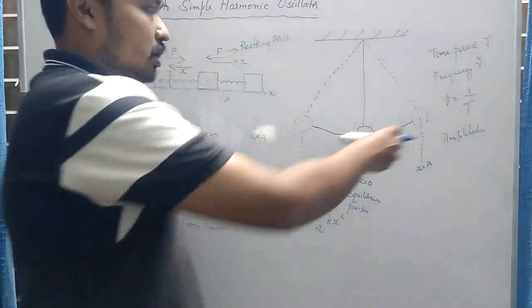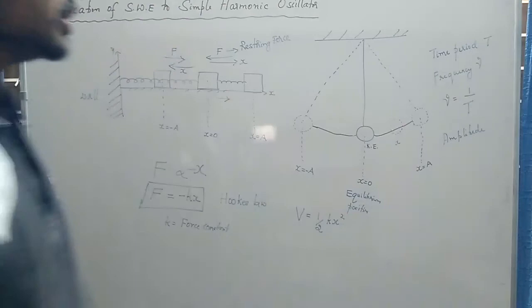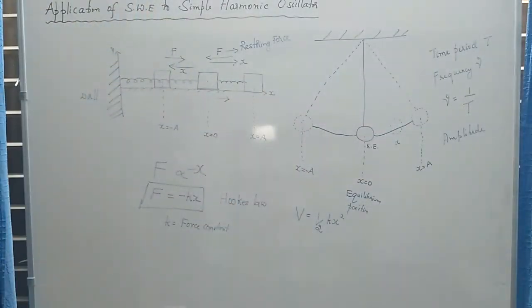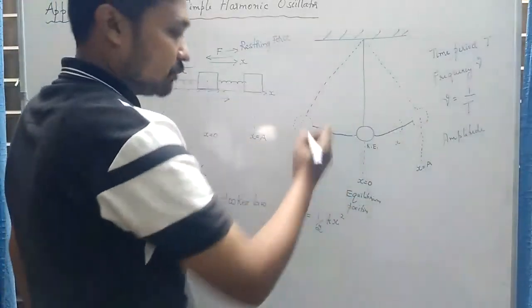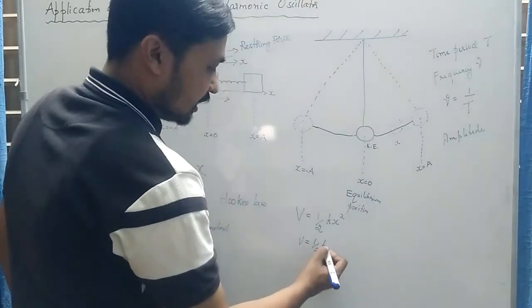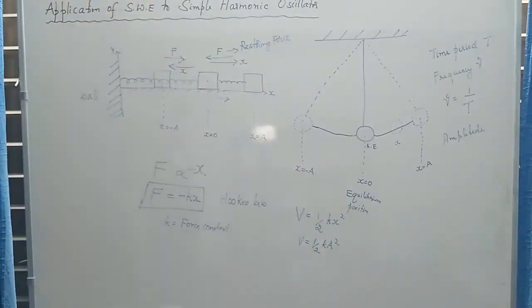Let us consider this extreme case when the particle is at x is equal to a or x is equal to minus a, which is the maximum value of x, that is the maximum displacement. At x is equal to a or minus a, the potential energy is maximum and it is half k into a square. This is the maximum potential energy the particle can achieve.